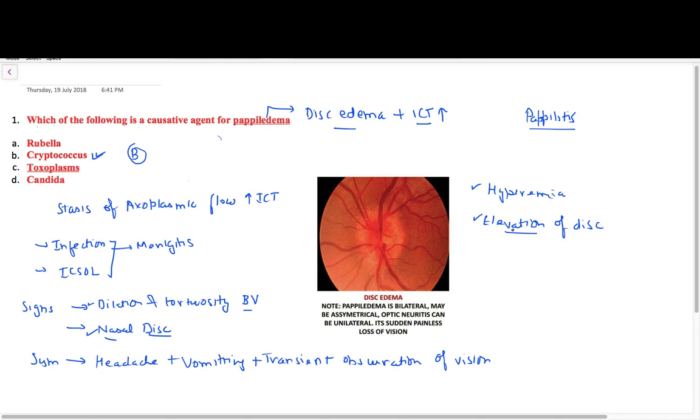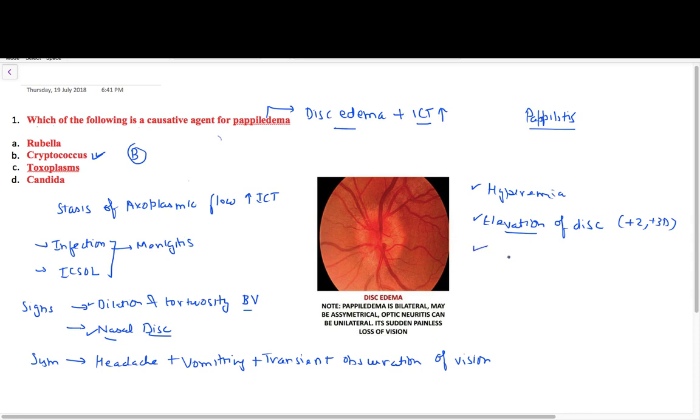You can normally focus on the disc with a direct ophthalmoscope at zero power, but during papilledema you are able to focus only at hypermetropic powers because the disc is now elevated. Some books give +2 or +3 diopter elevation of the disc.